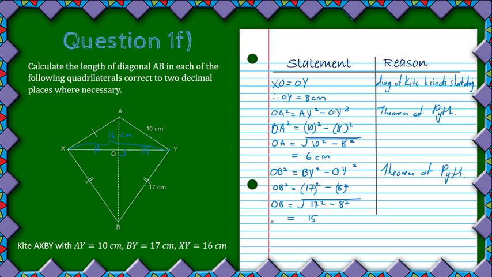Then we can state that AB is equal to OA plus OB, and that would be equal to 6 centimeters plus 15, and that gives us 21 centimeters.